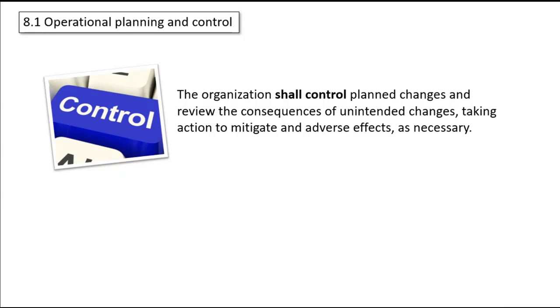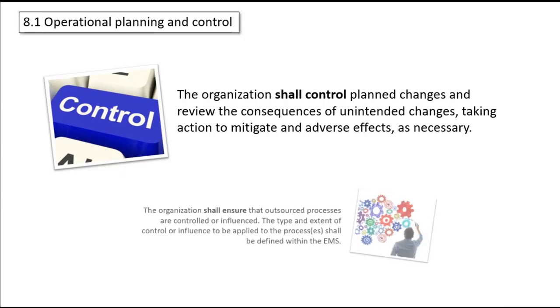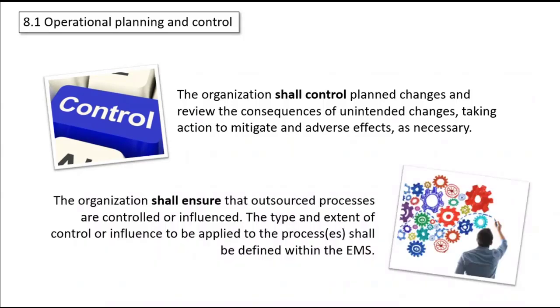And also, not all the processes are within your control. Sometimes you outsource these processes. Therefore, you must ensure that you can control or have influence, especially if these processes fall within the defined scope of the environmental management system.